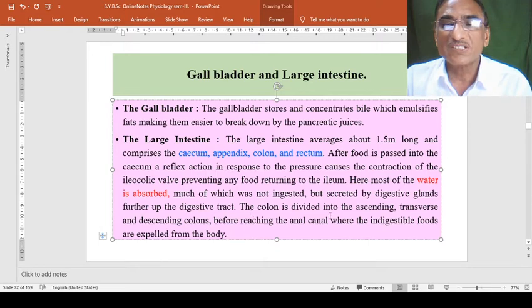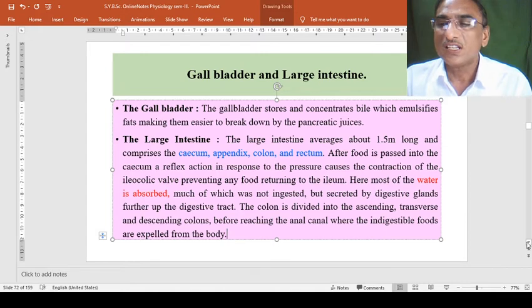The colon is divided into ascending and descending parts. In between, the material traverses the tube, and before reaching the anal canal near the anus, the undigested food material is stored and expelled from the body. In this way, digestion is completed.